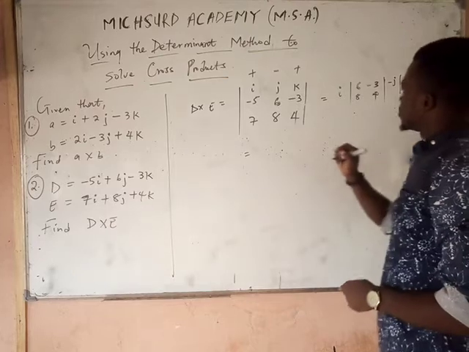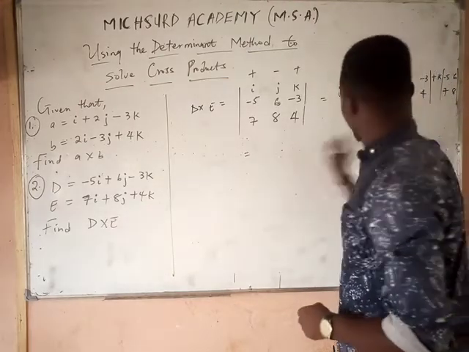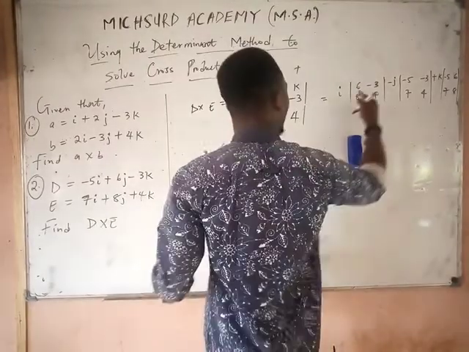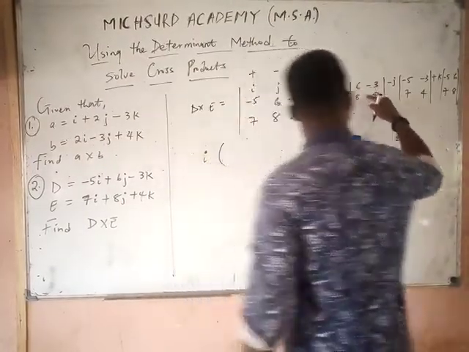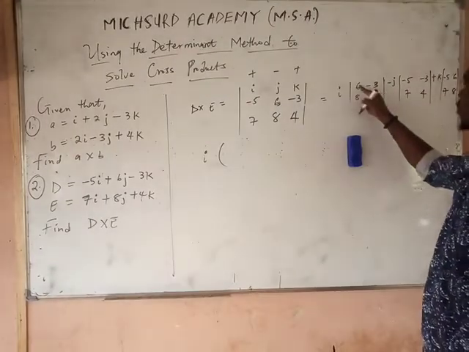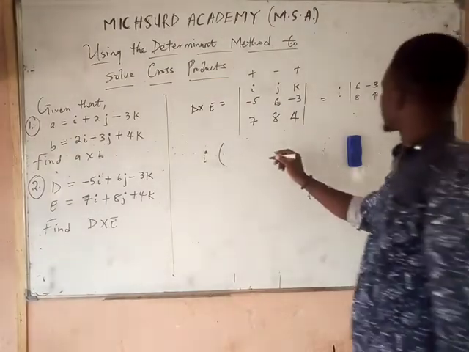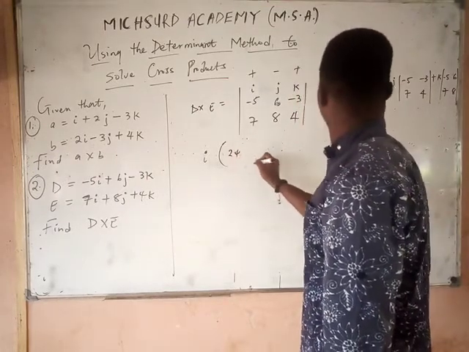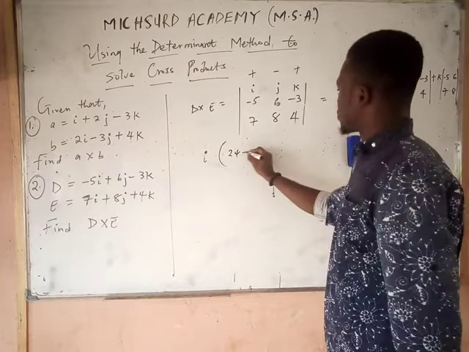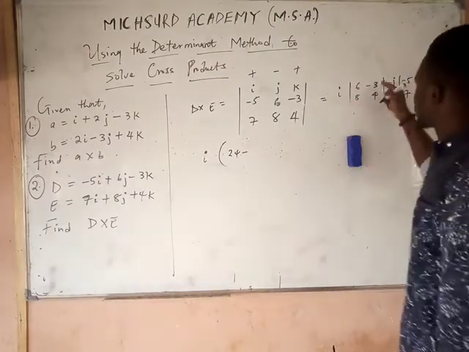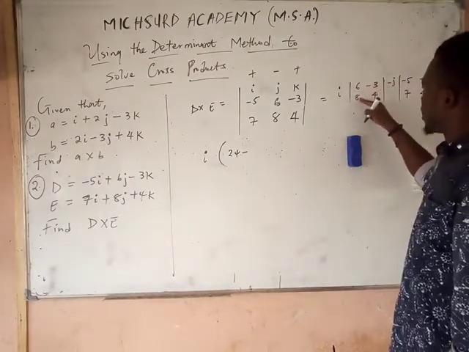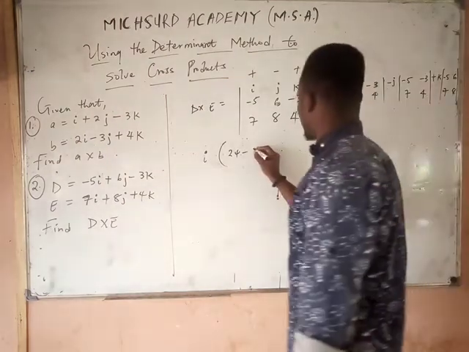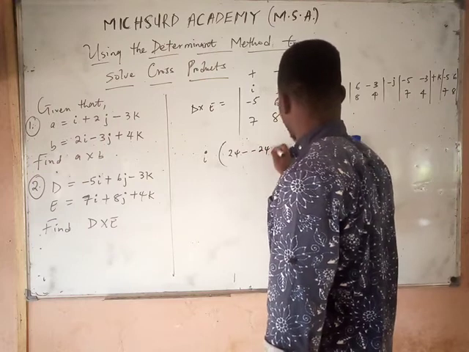Alright, so this will be equal to, we are going to break down this 2 by 2 matrix now. So we have 6 will cross multiply with 4, so that we are going to have 24. Then we put our subtraction first before we do the next. So we have minus 3 will multiply with 8, you are also going to have minus 24.